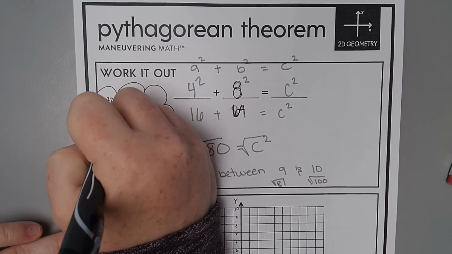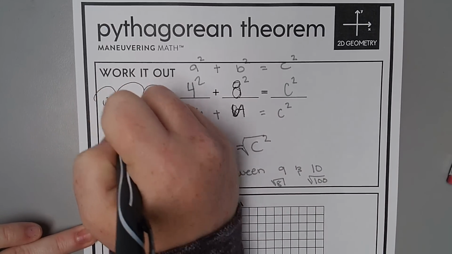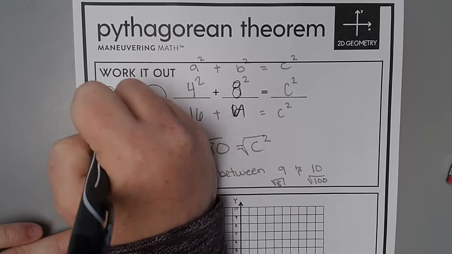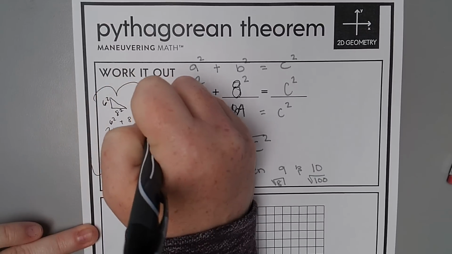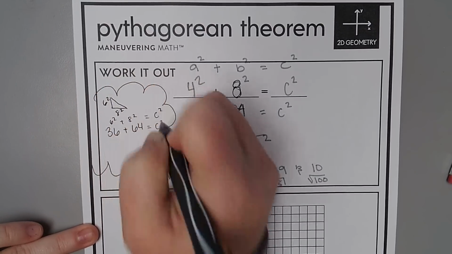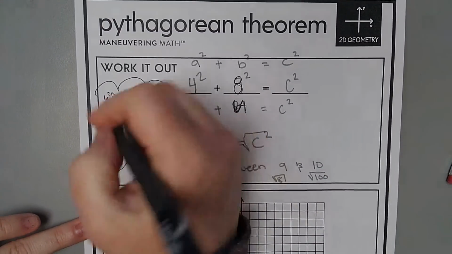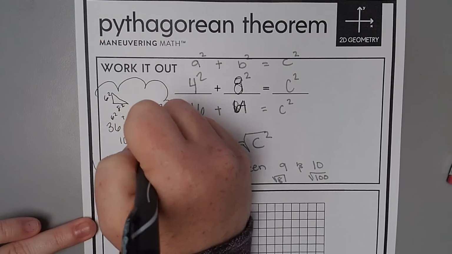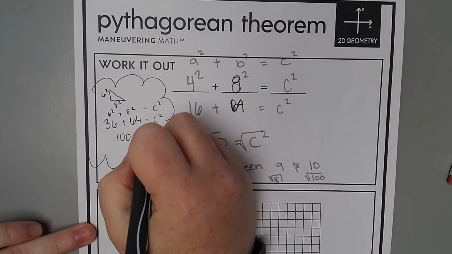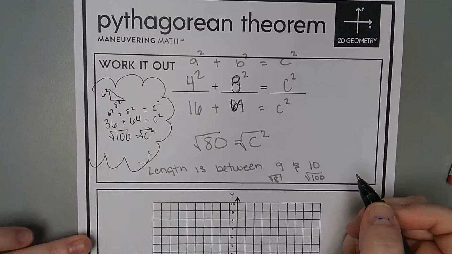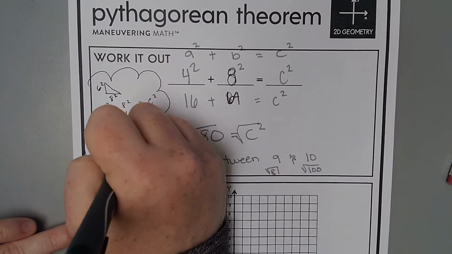Well, 6 squared is 36, plus 8 squared is 64. 6 squared plus 8 squared equals C squared. Where 36 plus 64 is 100. That's equal to C squared. The square root, to undo those, square root of 100 is 10.